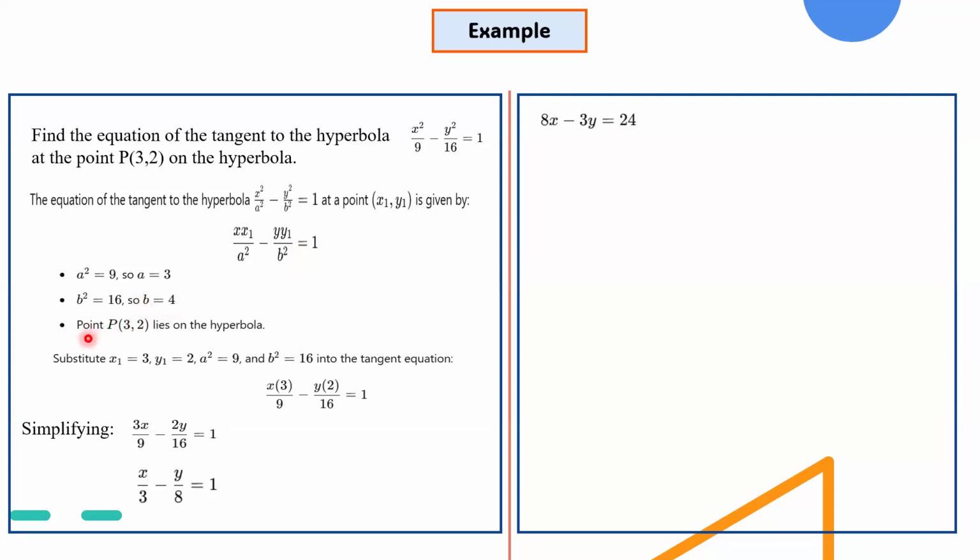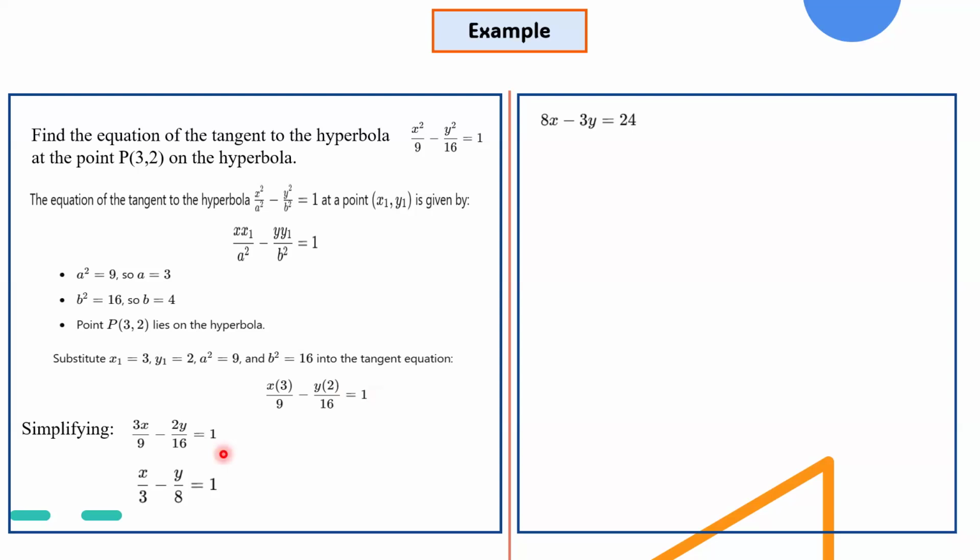And we have our point P, which is (3, 2), and that lies on the hyperbola. Now all we gotta do is substitute these values into the general equation. So we have x times x1, which is 3, over 9, minus y times y1, which would be 2, over 16 equals 1.